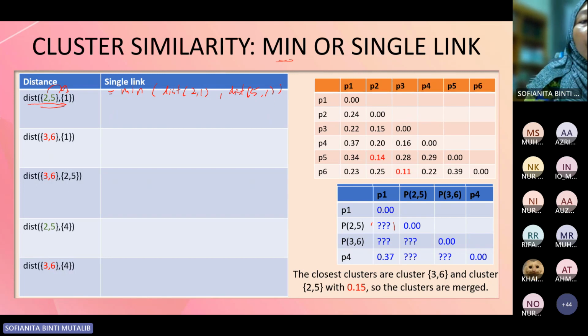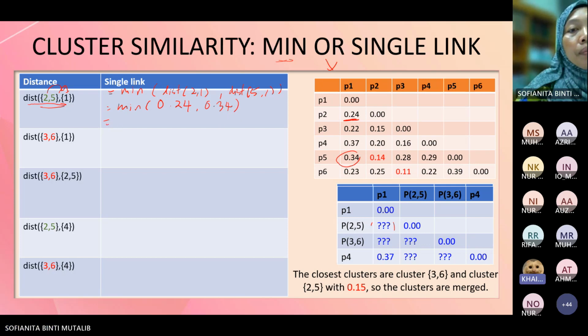So the minimum of 2, 1 is what? Look at the previous array. The value is 0.24, and then 5, 1 is 0.34. So what is the outcome? 0.24. So you can replace this with 0.24.